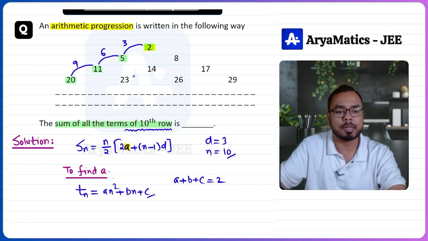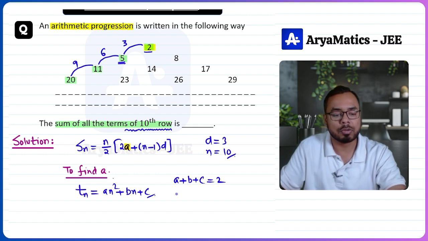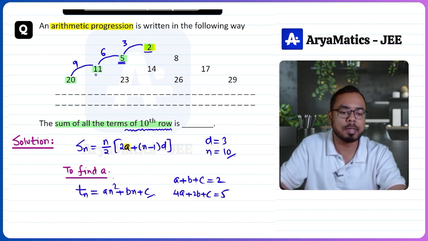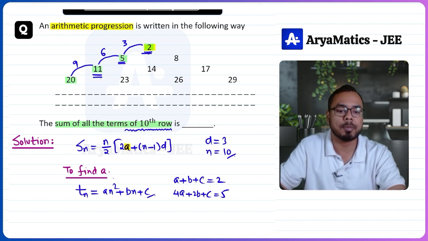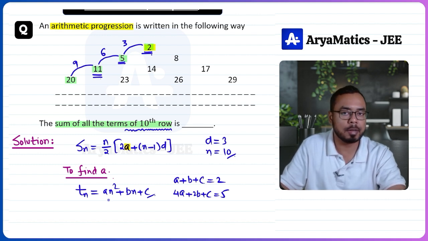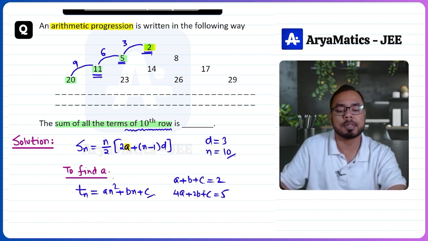Similarly, for this sequence of first terms, the second one is 5. First one 2, the next one 5. So T2 should be 5. That means 4a plus 2b plus c will be 5. And T3 is 11. We are talking about the sequence of first terms, so because the differences are in AP, the general term will be an square plus bn plus c.